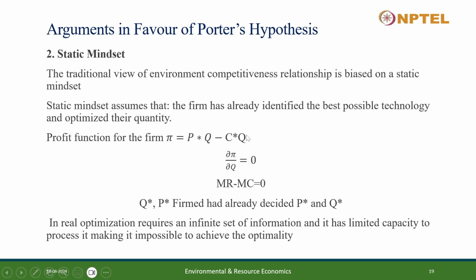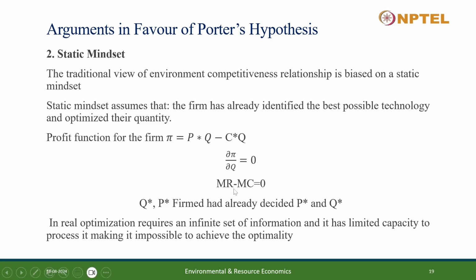So CQ will be the total cost you incur, and PQ will be the revenue generation. Revenue minus the cost of production will give you the profit. If you maximize the profit, you differentiate with respect to Q, and if we equate it to zero, then we will get the optimal Q and the maximum profit of a firm.